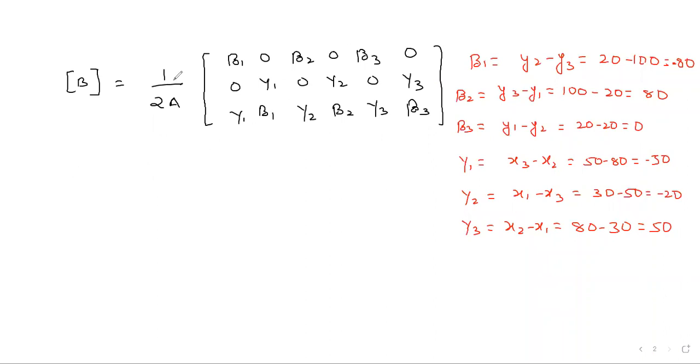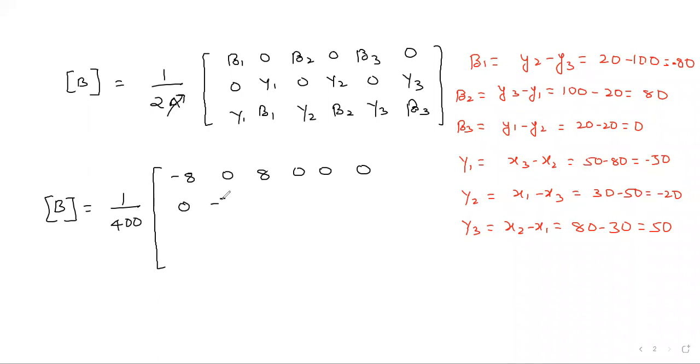So we got these values, we just need to replace them here. Now, once we find 2 into area also, this beta matrix can be written as the B matrix. Putting area value and all these values, we get the B matrix as 1 by 400 times: minus 8, 0, 8, 0, 0, 0; then 0, minus 3, 0, minus 2, 0, 5; then minus 3, minus 8, minus 2, 8, 5, 0.